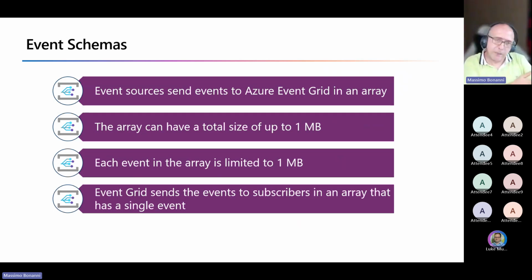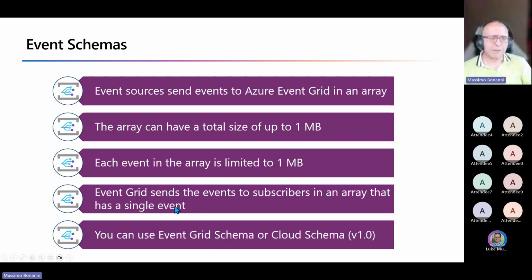So if the source produces an array with 2 events, the subscriber will receive 2 calls, one with one event and another with the other event. In some scenarios, for example if you use a function, you can create a batch of these events, so you will receive one single call with multiple events.